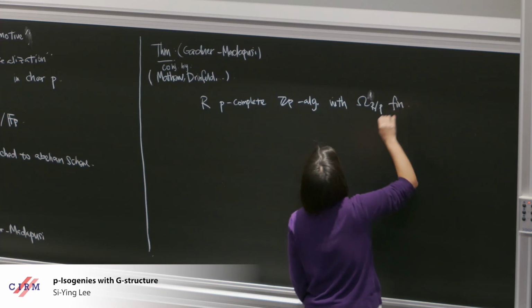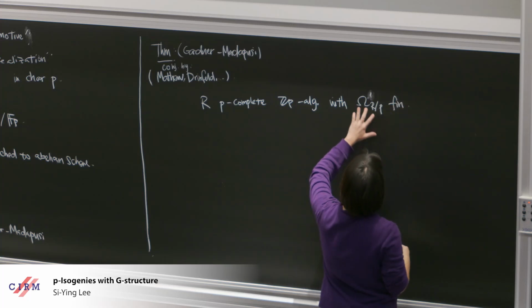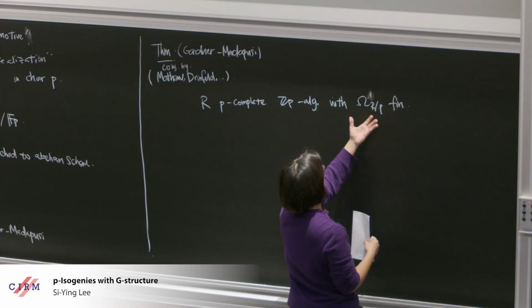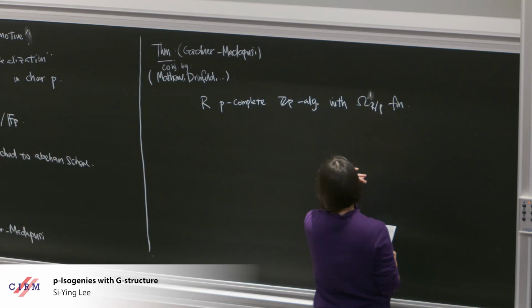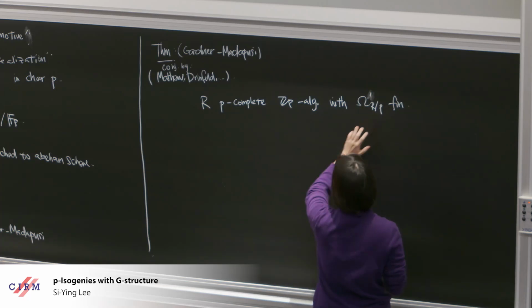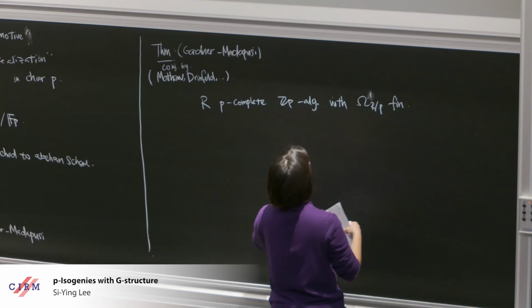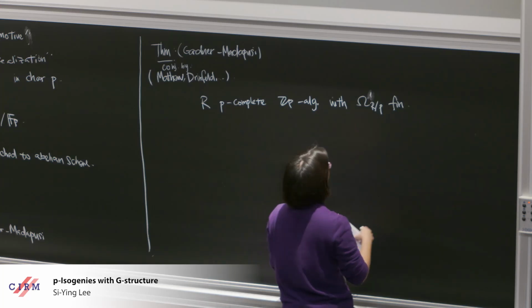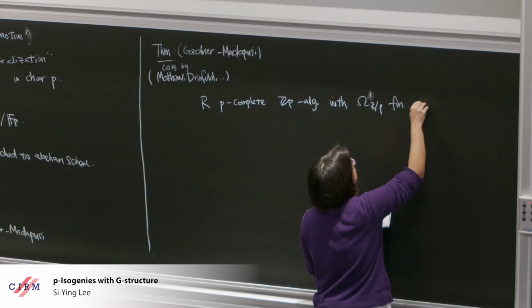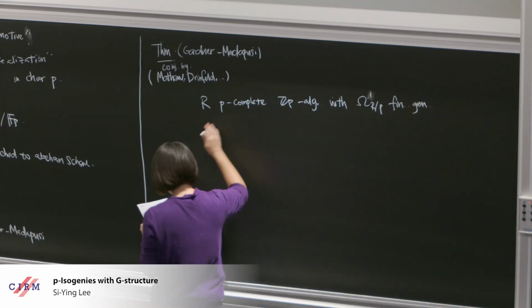The point here is that I allow things which are of finite type, or maybe perfections of things which are of finite type, on the mod p fiber. So that's the finiteness condition we require this ring R to have. So this is the condition on R.